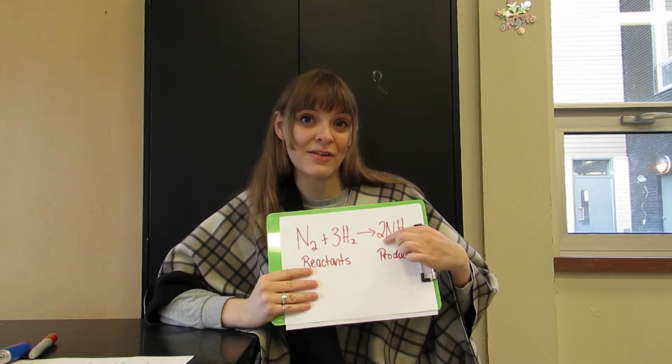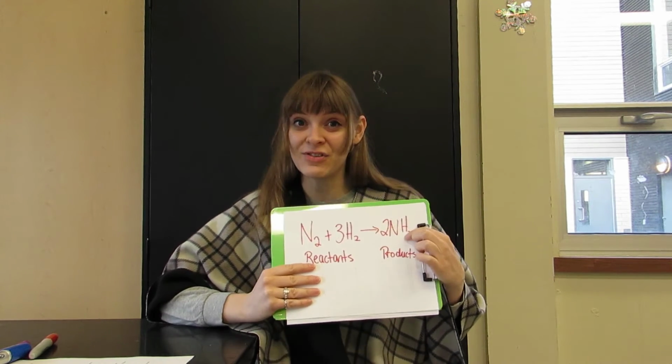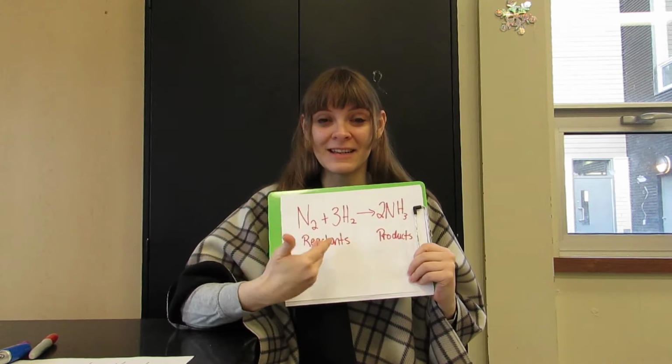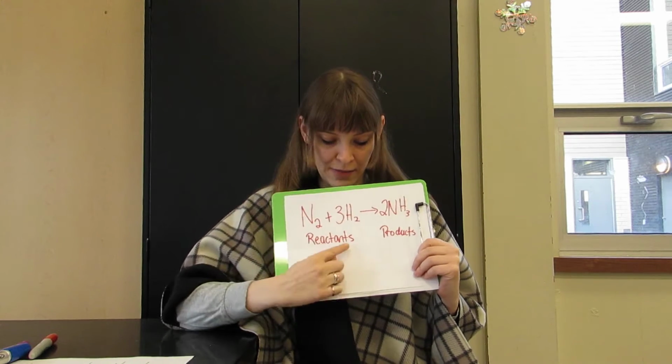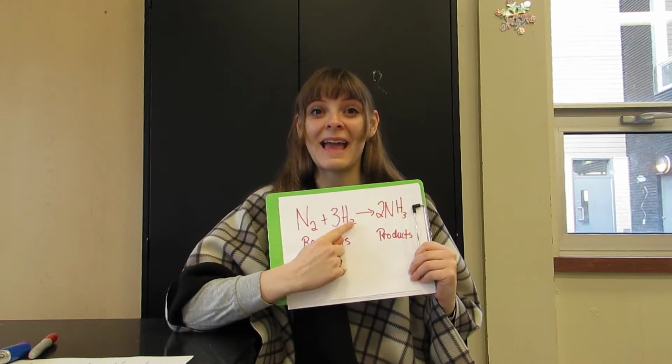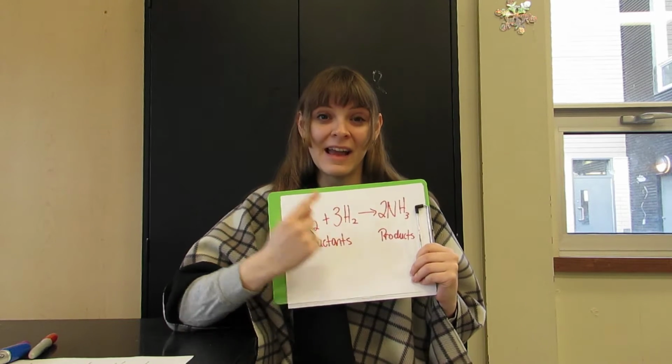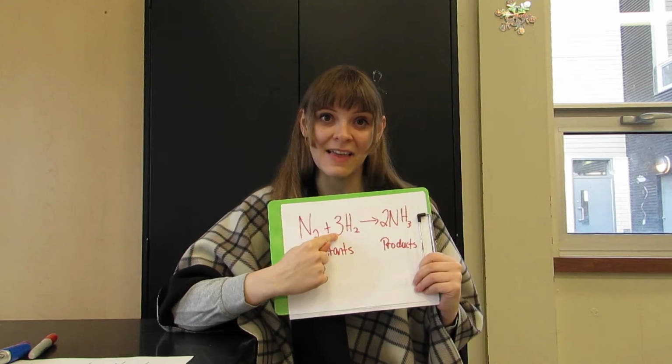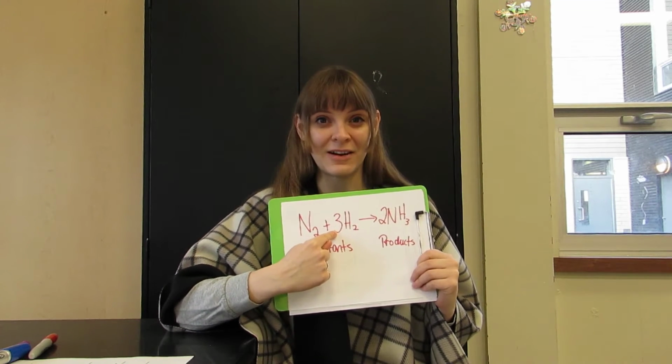This too indicates that there are 2 molecules of the nitrogen combined with the hydrogen. So let's review. Letters represent different atoms that make up the molecules. The subscripts tell us how many atoms there are. And the coefficients tell us how many molecules there are.